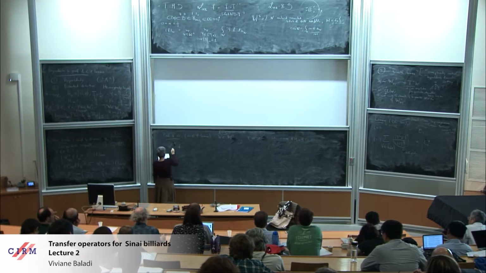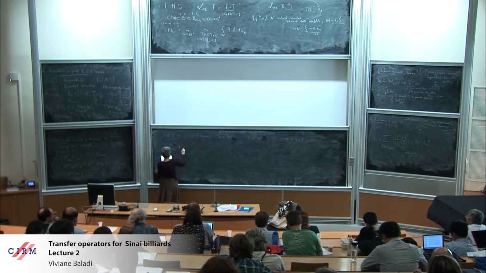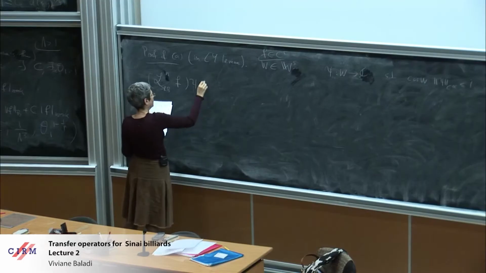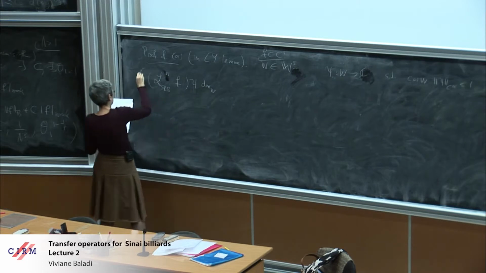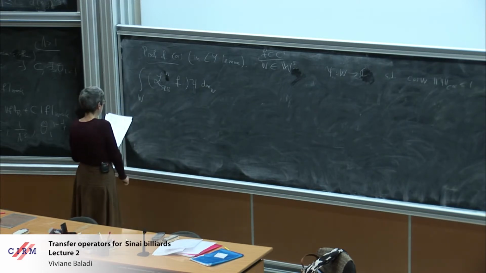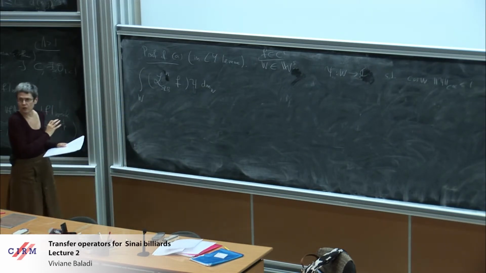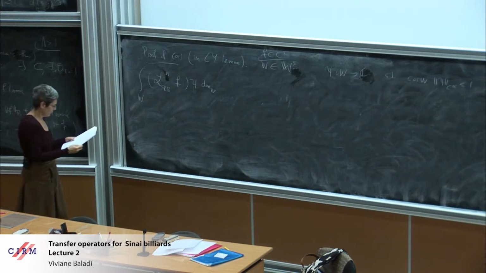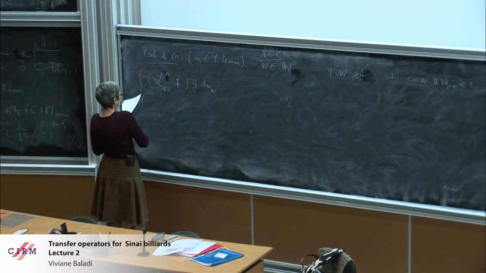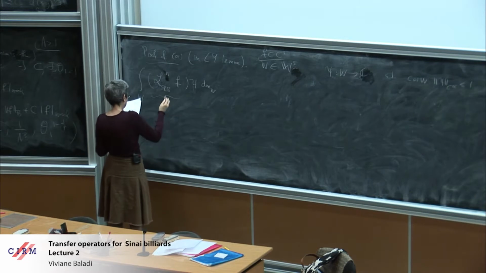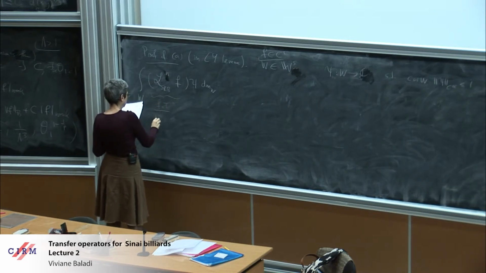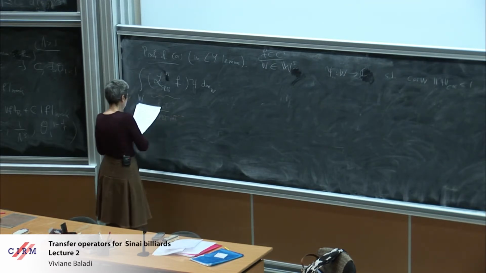And I take L SRB iterated n times applied on F. I integrate against this guy on W. And that's what I have to bound, right? By definition of the weak norm, I have to bound this. So now you remember the definition of the transfer operator. This is F composed with T minus N divided by the determinant of dTn composed with T minus N.